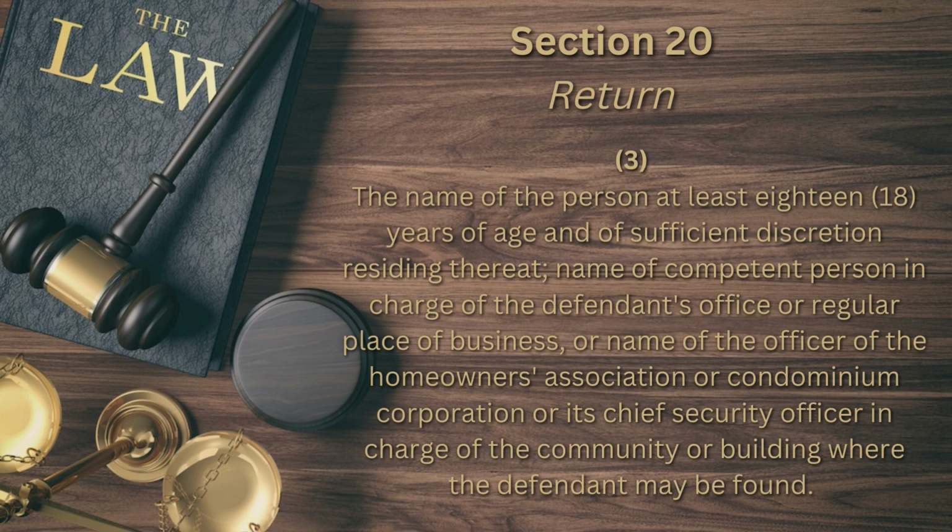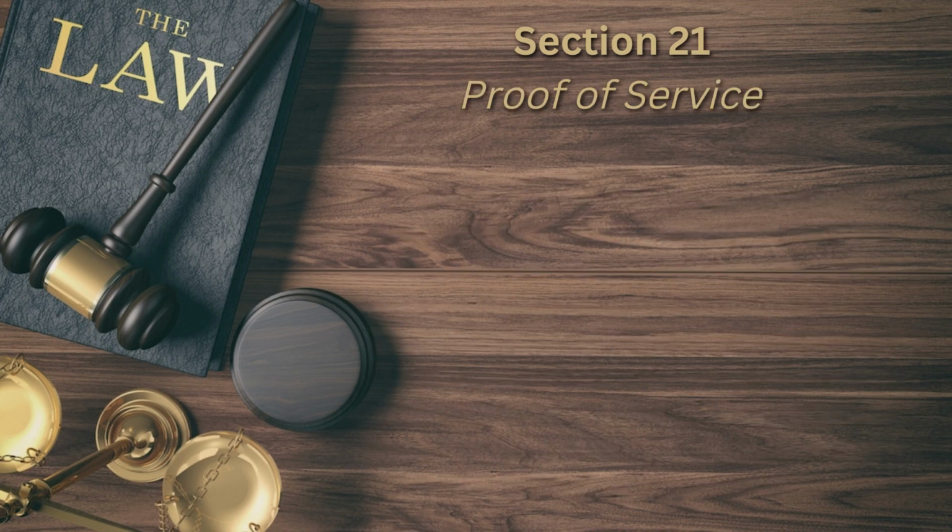And third, the name of the person at least 18 years of age and of sufficient discretion residing thereat, name of competent person in charge of the defendant's office or regular place of business, or name of the officer of the homeowners association or condominium corporation, or its chief security officer in charge of the community or building where the defendant may be found.